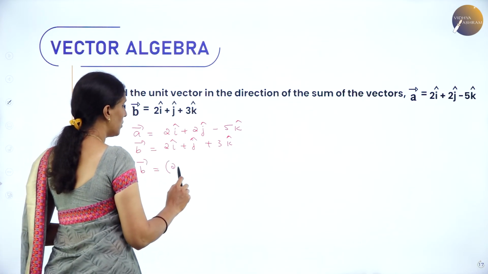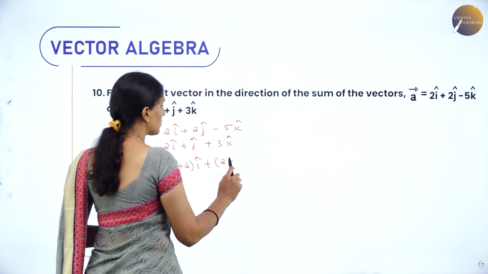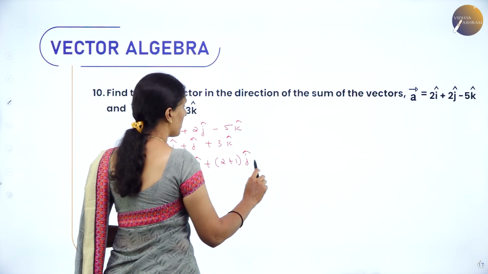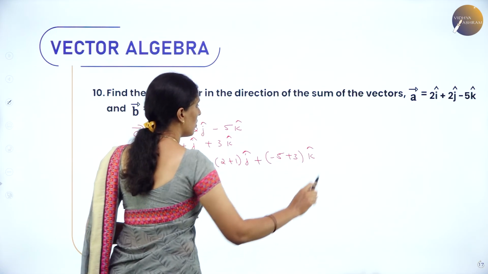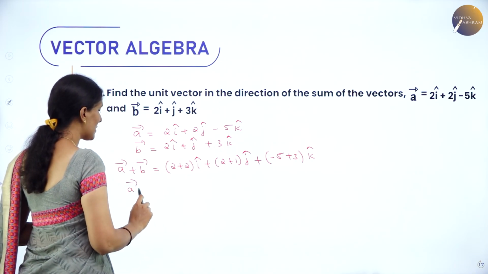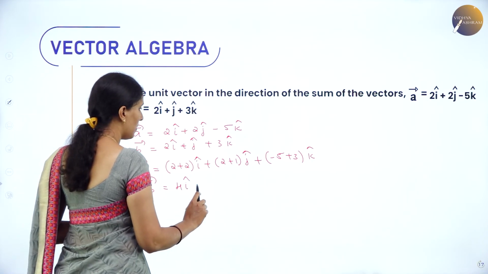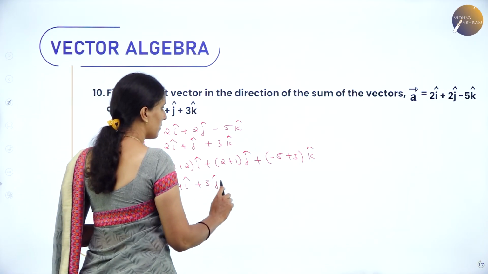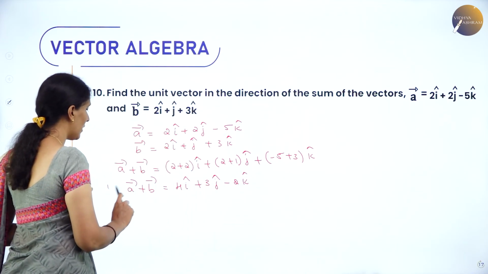So we are adding 2 plus 2 into i, 2 plus 1 into j, minus 5 plus 3 into k. So A + B is 4i + 3j - 2k. So this is vector A + B.